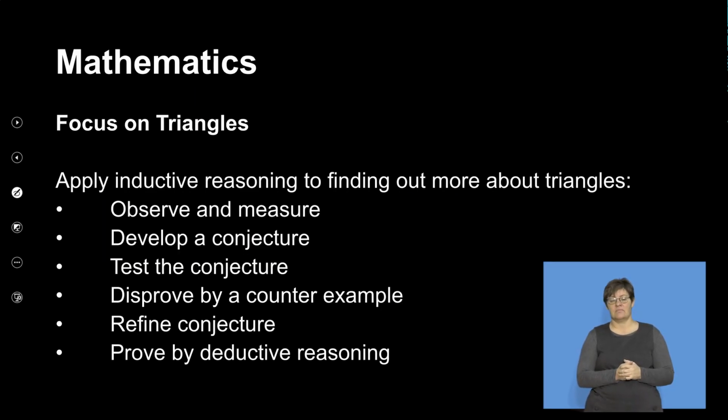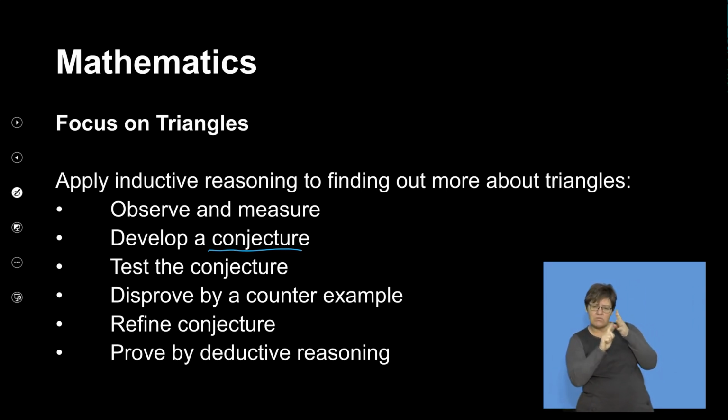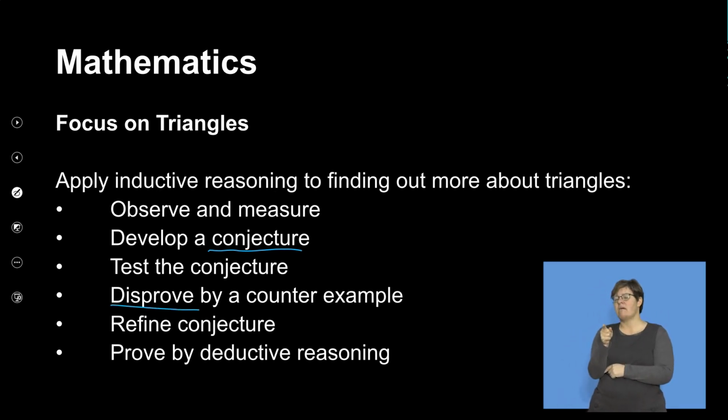So remember we said when you're applying inductive reasoning, you observe and you measure, and then you develop a certain conjecture. But that conjecture can be tested on different occasions where you draw and measure each time, and then you find that there is one discrepancy that disproves that particular conjecture that you made.